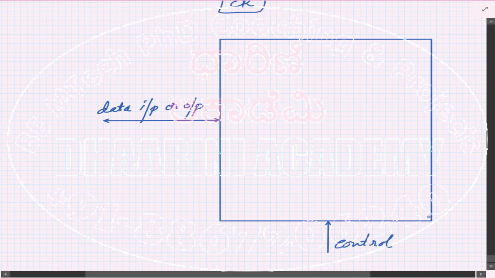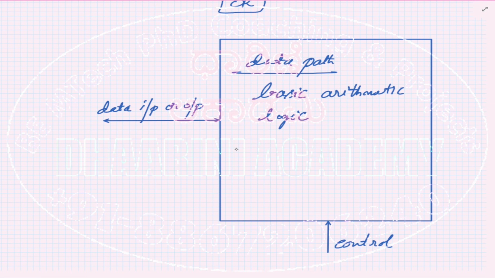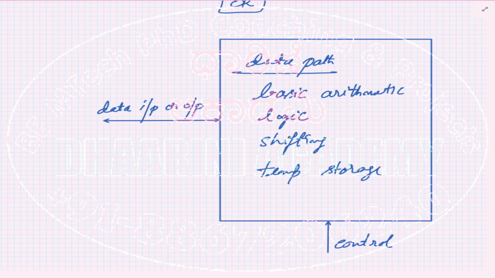Okay, this is the control signal, and once again I have the data path as shown here. This has similar structures: the basic arithmetic, the logical operations, the shifting operations, and a temporary storage. So choose which one you want, either the first one or the second one.